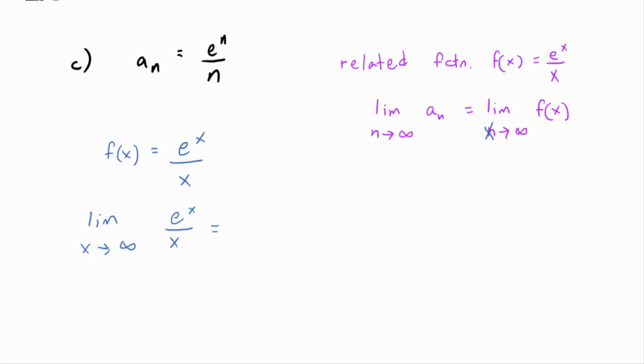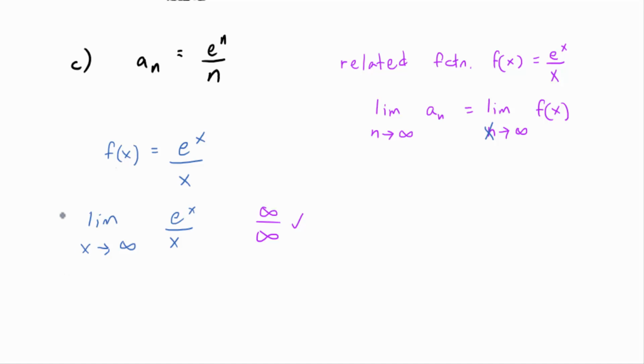Before I put in an equals, if you're going to use L'Hopital's rule, what form does e to the x over x have to take on? Either infinity over infinity, plus or minus, or 0 over 0. Pretty clear, I hope, that it takes on the form infinity over infinity. So big old check mark, L'Hopital's rule applies.